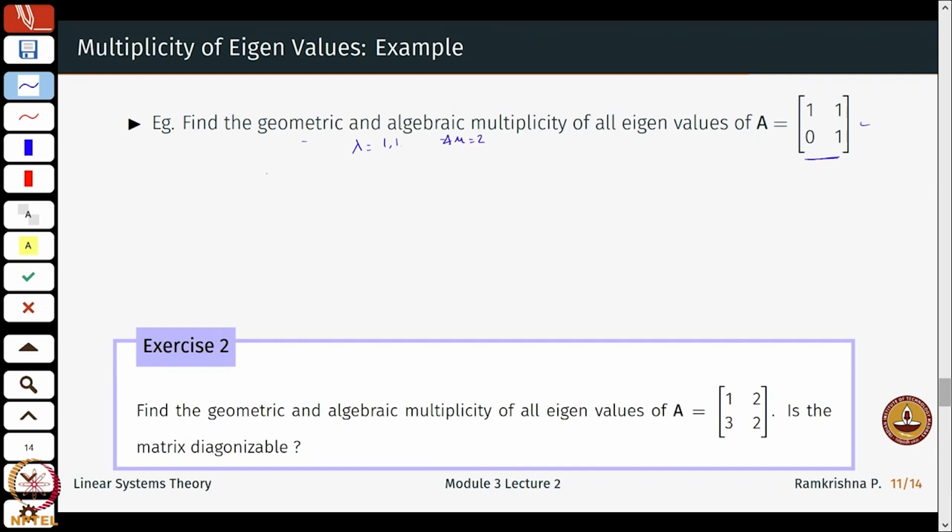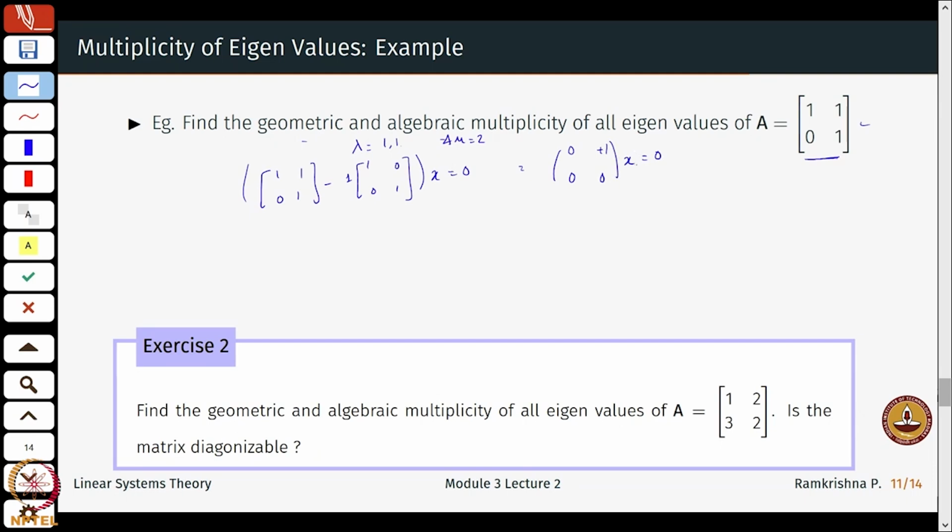So I have A, which is [1 1; 0 1], minus lambda, which is 1, times the identity [1 0; 0 1]. This is what I look at: A minus lambda I times x equal to 0. This will give me a 0 here, a 1 here, and a 0 here, times x equal to 0.